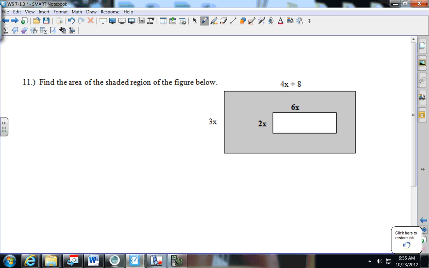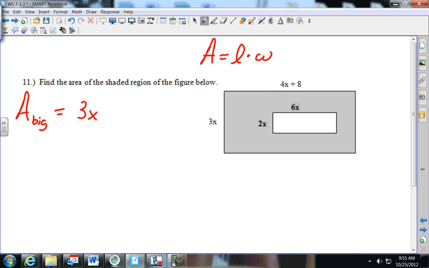Now, going here, it says find the area of the shaded region. To find the area of the shaded region, we're going to have to find the area of the large and subtract the area of the small. Well, first off, what's the formula for area? Length times width. So let's find the area of the big first. So I'm going to have 3x times 4x plus 8.